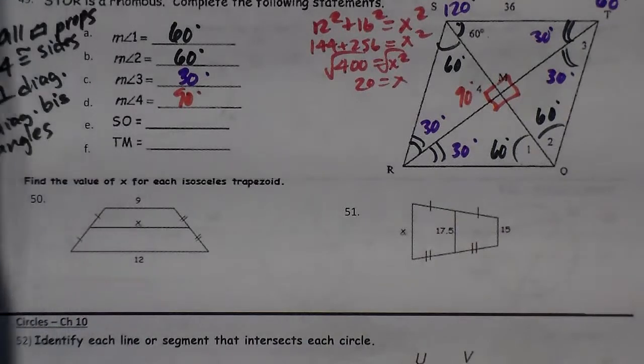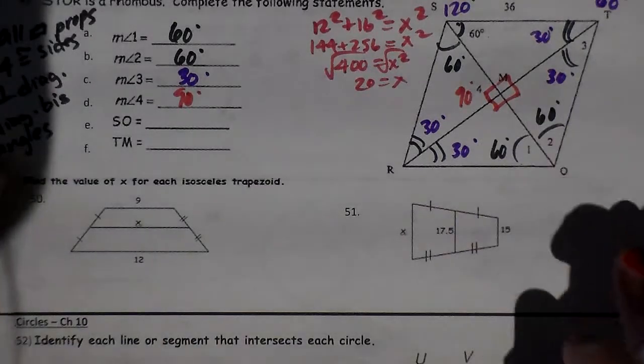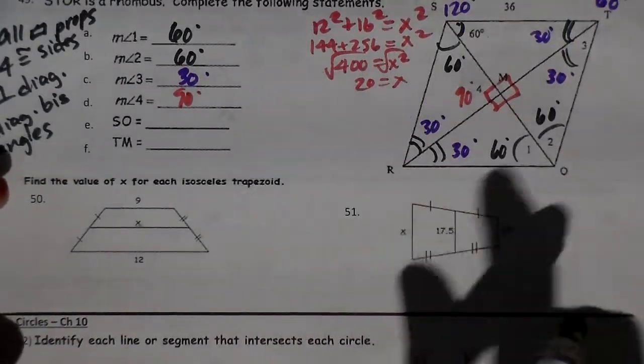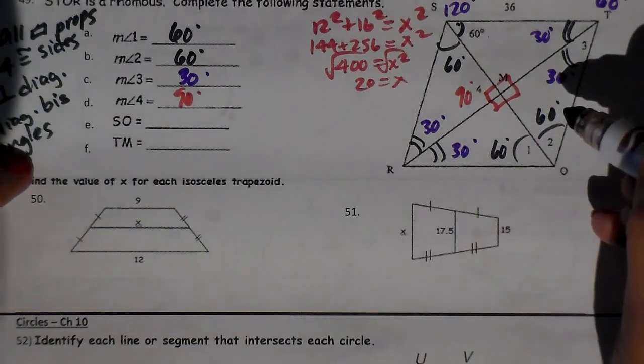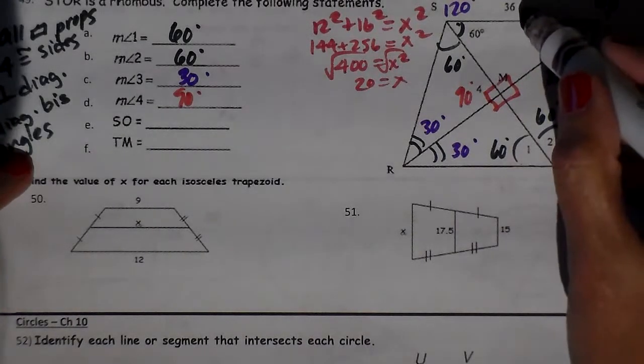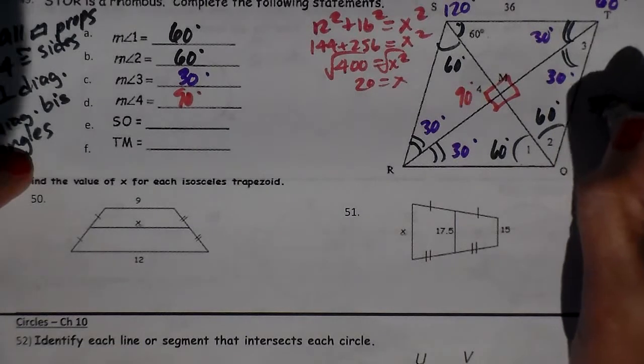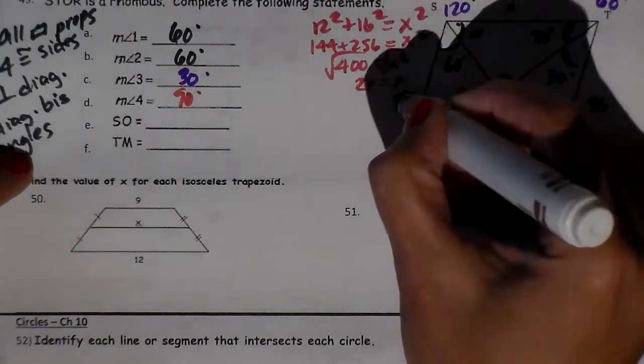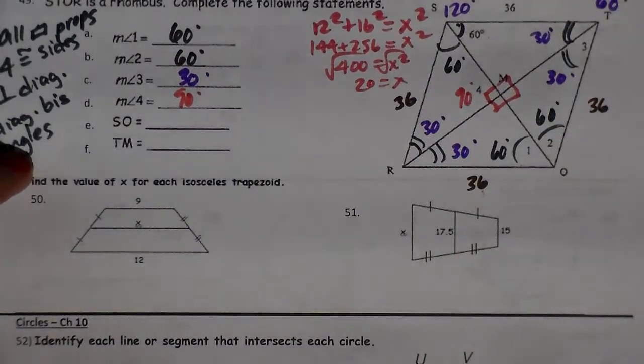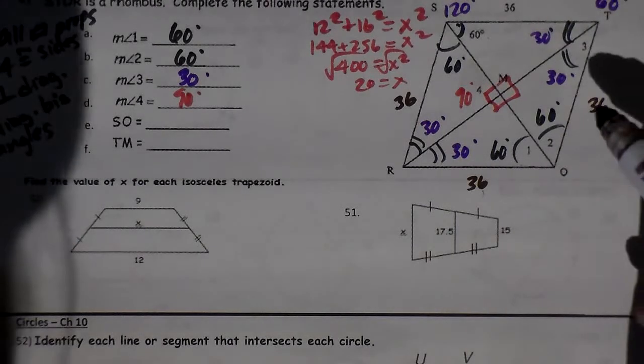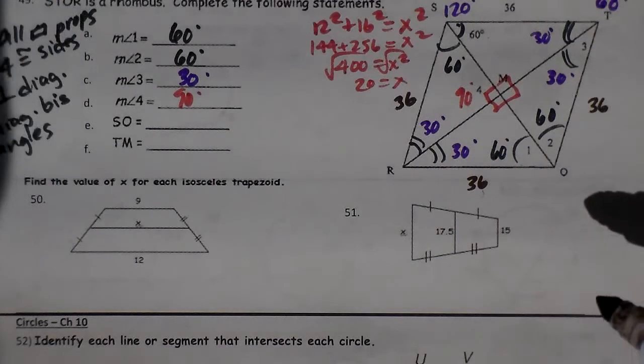For SO, that is going to be a diagonal here, and I'm not sure here where they have the lengths. Okay, this is 36. That means since it's a rhombus, these are all 36, okay? These are all 36. So we've got 36, 36, and we're looking for SO, so we're looking for the diagonal.